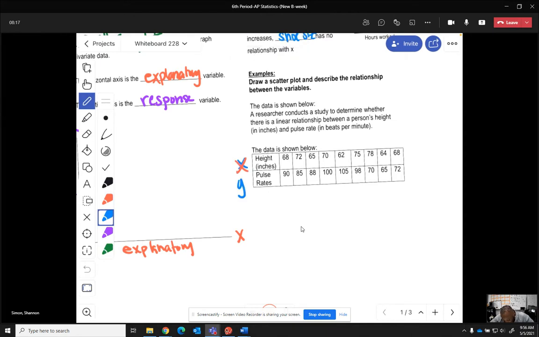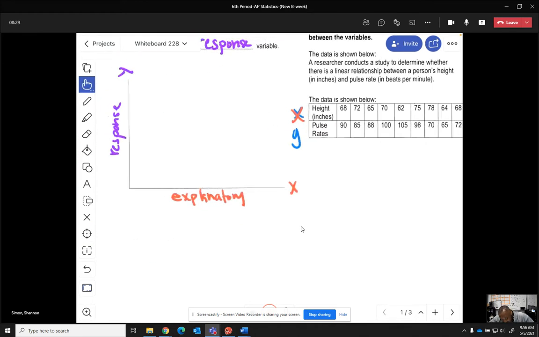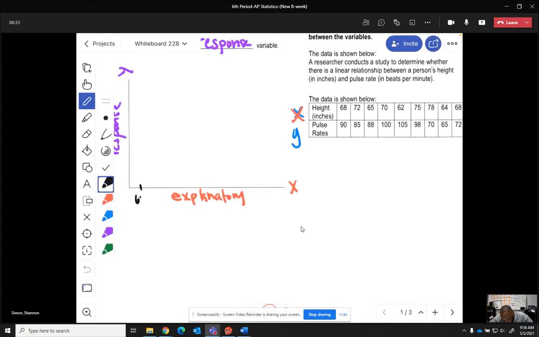The x values go from the smallest, about 62, to 78, so we'll label our axis from 62 to 78. I'll start at 62 and break the graph to show that we're breaking it.